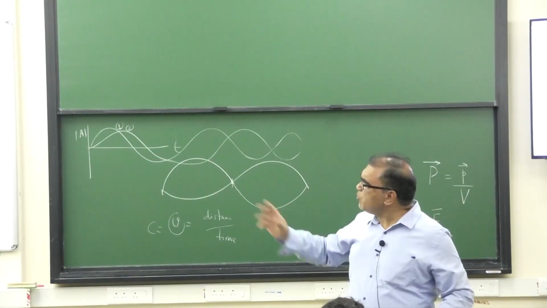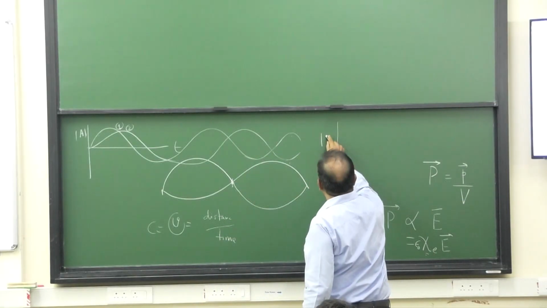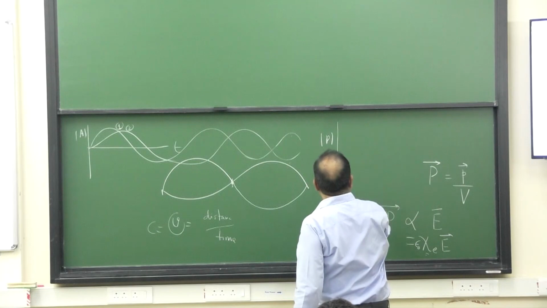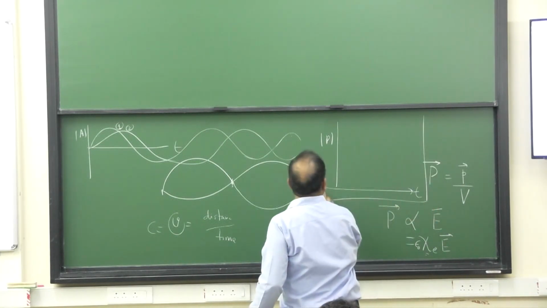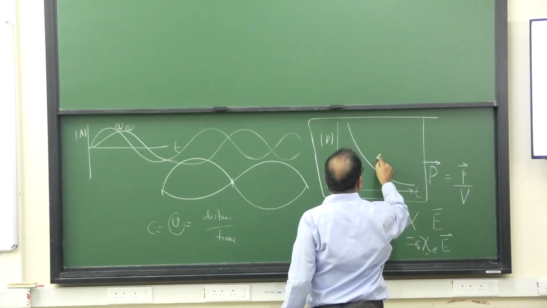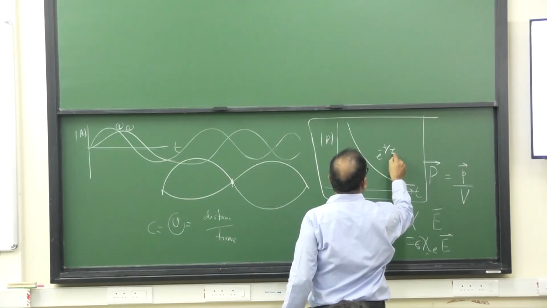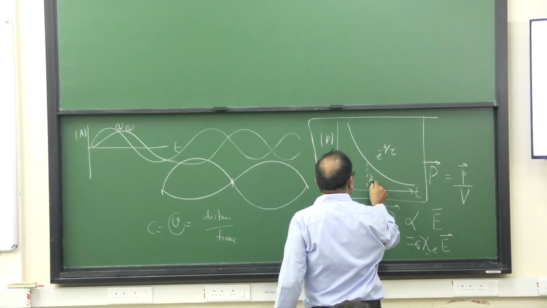Somewhere the idea is that any parameter P and its time plot follows an exponential, e to the power minus t by tau, where this tau is the time for the amplitude to fall to 1 by e.